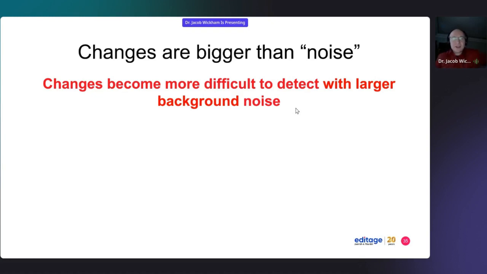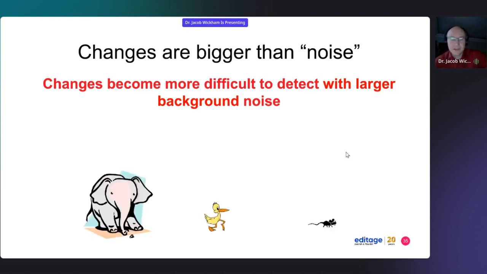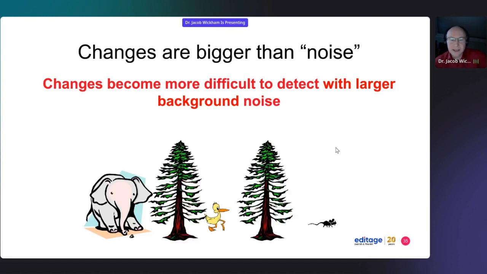A useful analogy to understand effect size is to look at noise in your signal. So changes will become more difficult to detect if you have a greater background noise. So hopefully, if you have a large effect size, you can actually distinguish the differences from the background noise. So here are your 3 different effect sizes, and these trees are the noise.